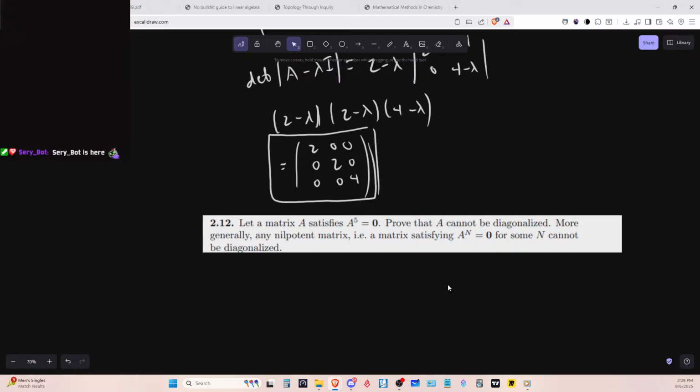More generally, any nilpotent matrix, i.e. a matrix satisfying A^n equals the zero matrix for some n, cannot be diagonalized. Ooh, so this is a proof-based question.